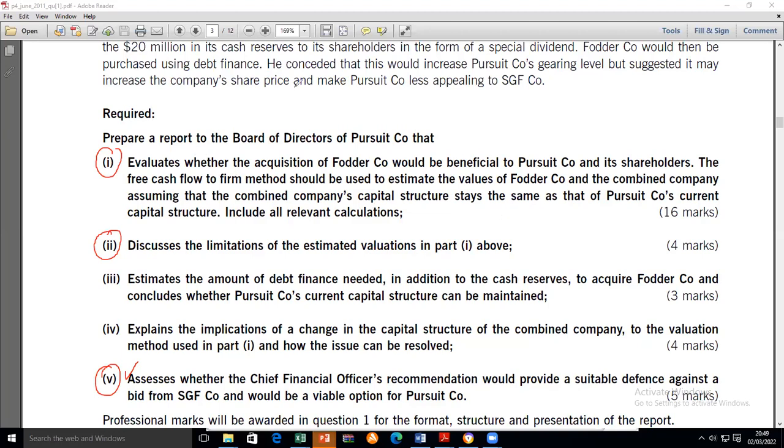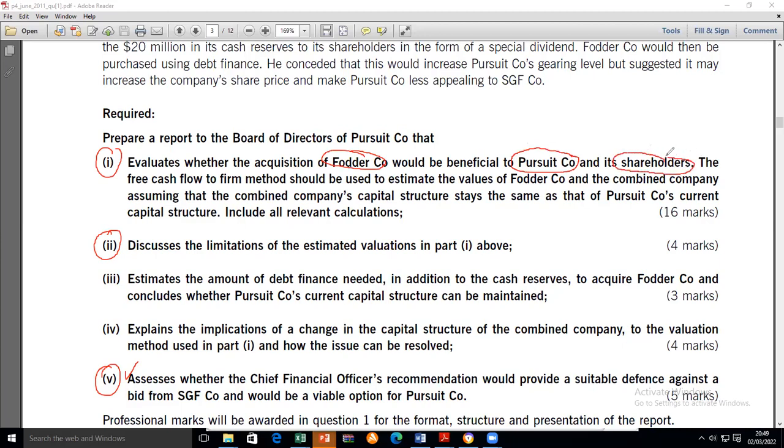So let's start with our question requirement. Prepare a report to the board of directors of P that evaluates whether acquisition of that company would be beneficial to the acquiring company and its shareholders.